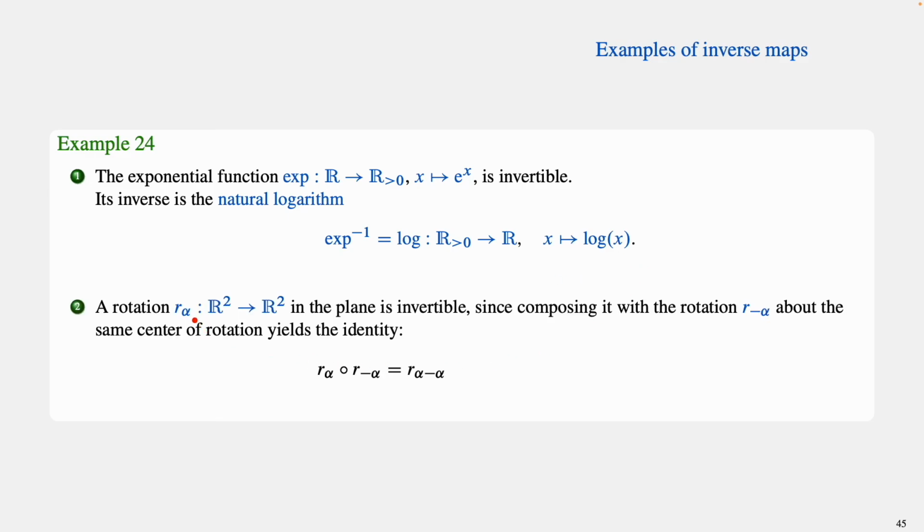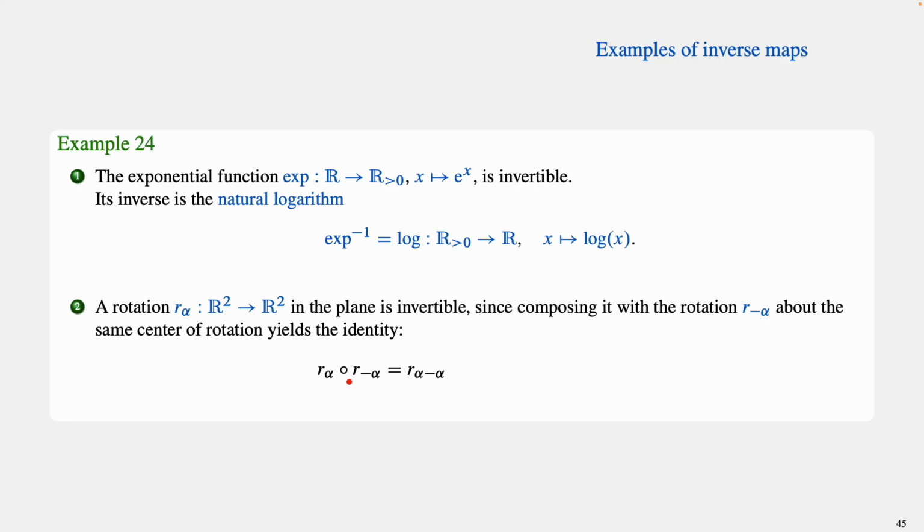And the rotation in the plane, so again r alpha is our rotation about an angle alpha around a certain center of rotation. A rotation is invertible simply by composing it with a rotation about the same angle but in the opposite direction, so with minus alpha.